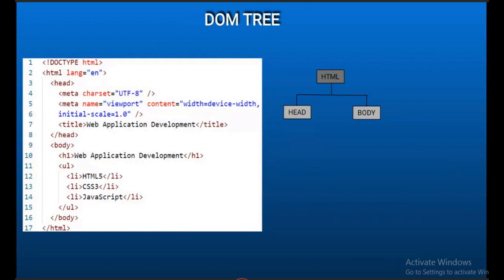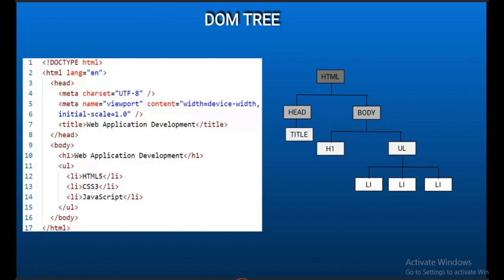This is the DOM tree shown. So HTML, head and body, and inside head there is title, and inside body there is h1 and ul, and inside that ul there is li, another li, and again an li. This structure is created by the browser whenever the corresponding HTML page is loaded into the browser. It looks like a tree structure with the corresponding HTML elements inside.